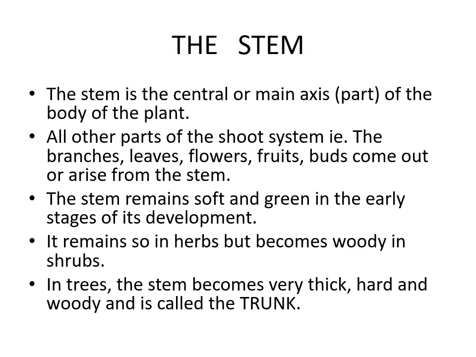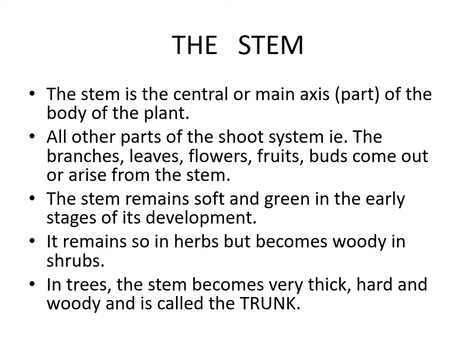The stem. The stem is the central or main axis or part of the body of the plant. All other parts of the shoot system, that is the branches, leaves, flowers, fruits, buds, come out or arise from the stem.